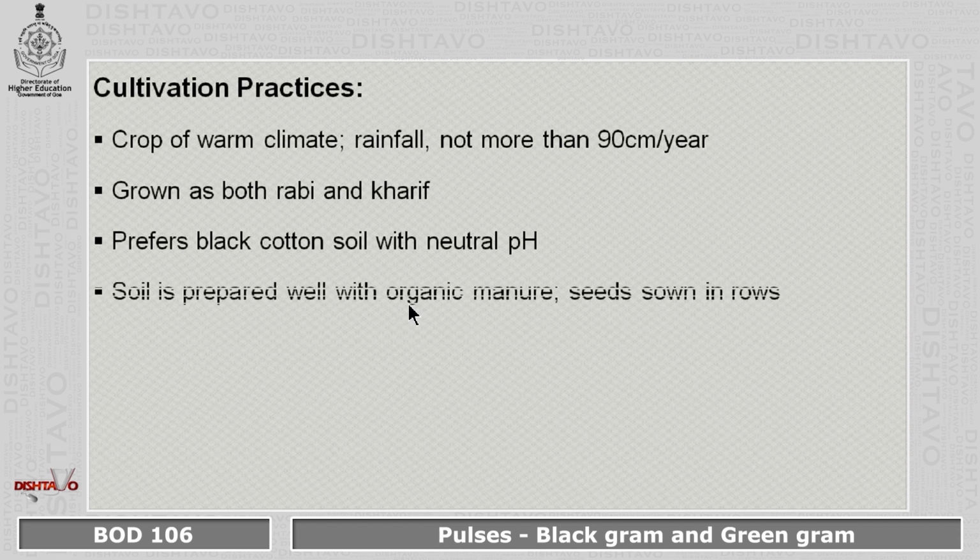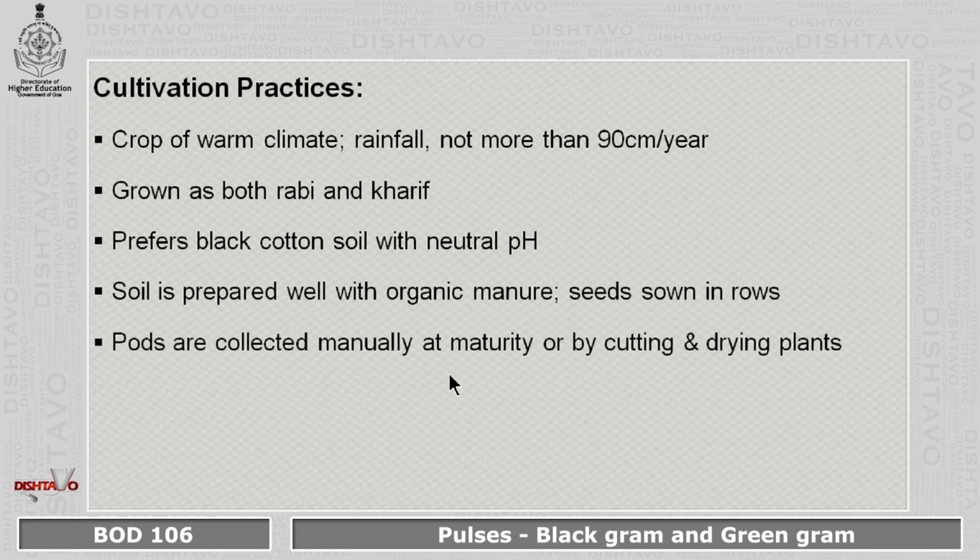Only thing is we have to prepare the soil very well, adding organic manure, and seeds should be sown in rows, giving some gap in between, so that when the plant grows up, enough light should be available for them. And when the pods are matured, they may be collected manually, plucking from the plant, or when most of the pods are already matured in a plant, then we can cut the whole plant and dry them.